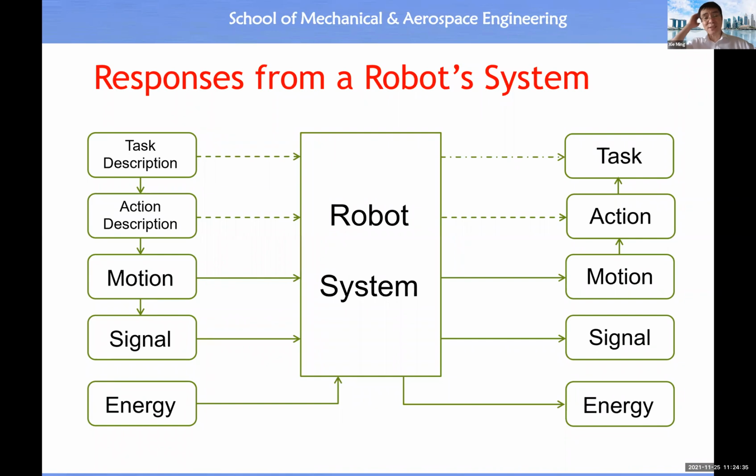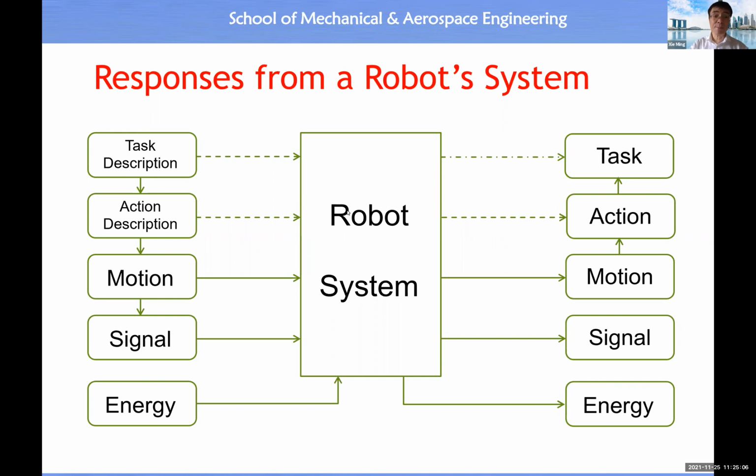Then the response from a robot system should be similar to the case of input. The reason is that we use a closed loop feedback control system to implement the robot system. Remember that for a closed loop control system, output is equal to input. Therefore, if the input is a task description, then the output should be to perform or accomplish the task.